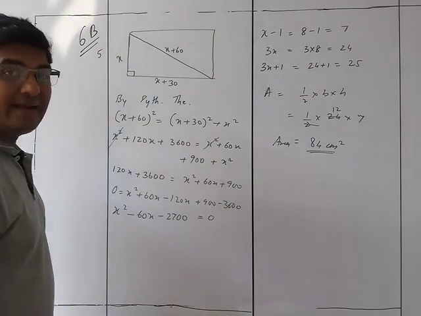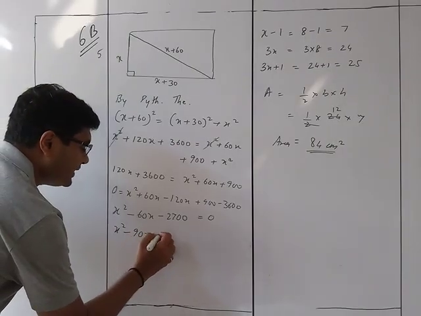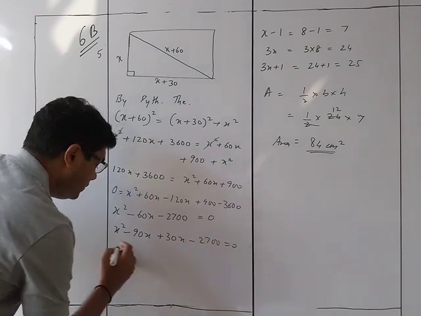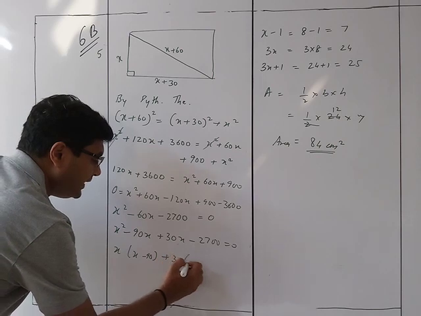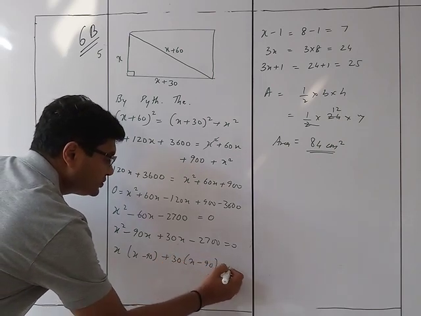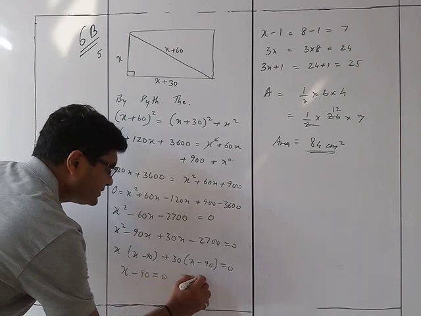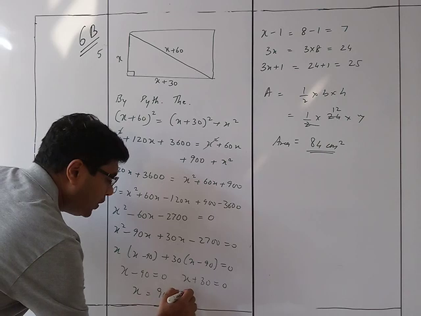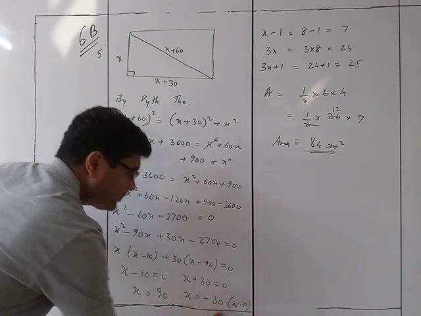So that is 90 and 30. So x square minus 90x plus 30x minus 2700 is equal to 0. x minus 90 into x plus 30 is equal to 0. So x minus 90 is equal to 0 and x plus 30 is equal to 0. x is equal to 90 or x is equal to minus 30, which is not possible.